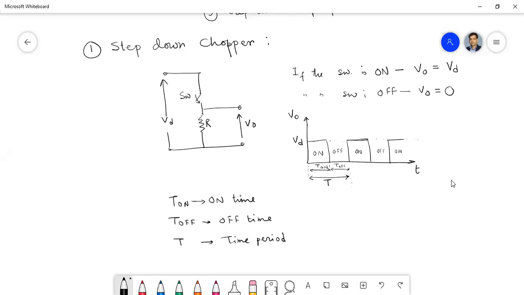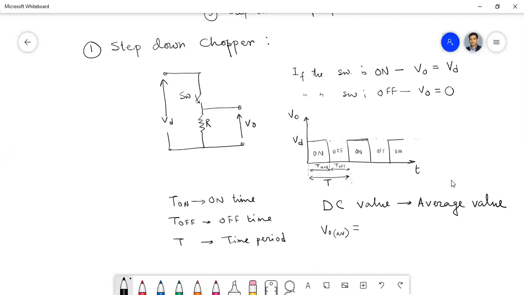DC value is basically the average value of any waveform. For voltage it is voltage, for current it is current, but DC value means the average value. Now if I want to calculate the DC value of this voltage waveform, we have to calculate the average value of V0.